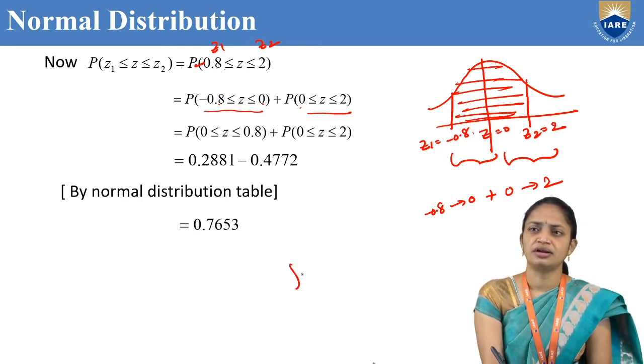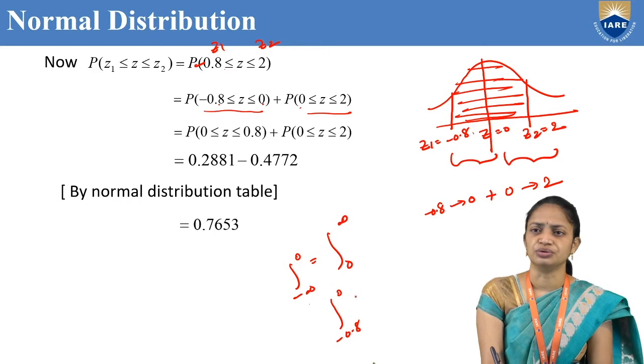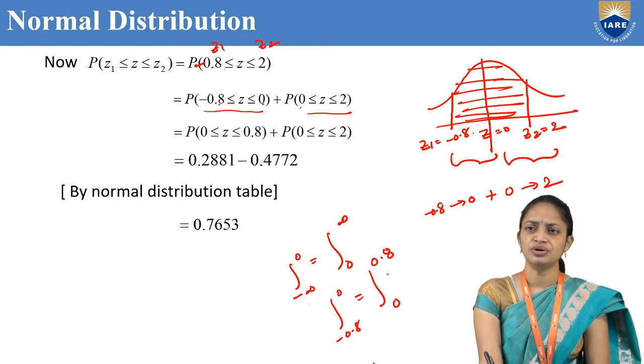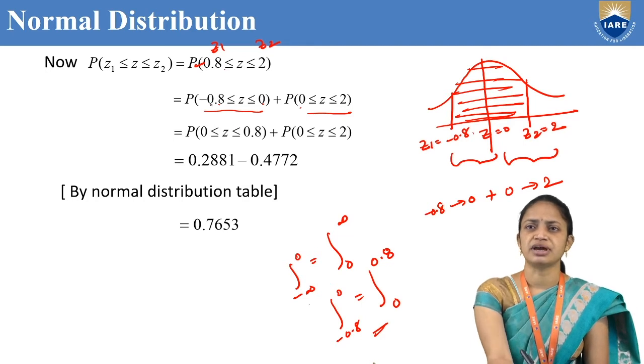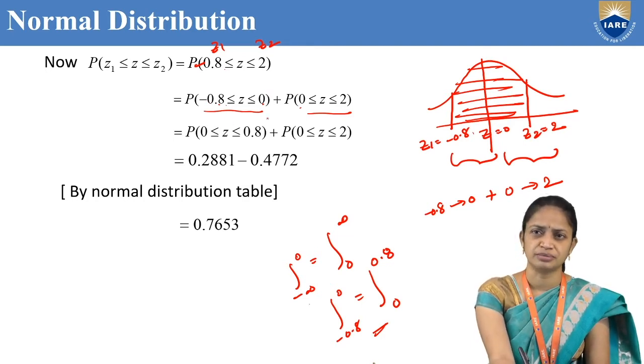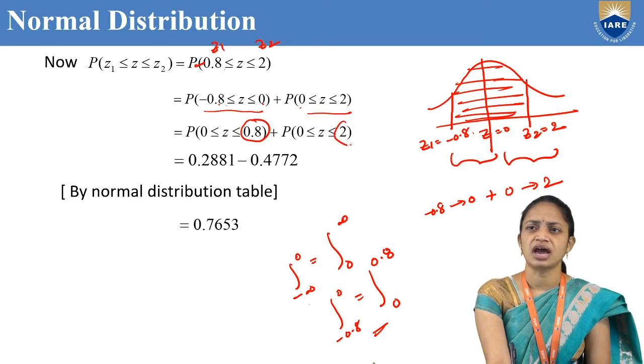The normal curve is symmetric about z equals 0, so the area from minus infinity to 0 can be written as 0 to infinity. Here we have minus 0.8 to 0, and we convert it to a positive value, that is 0 to 0.8.